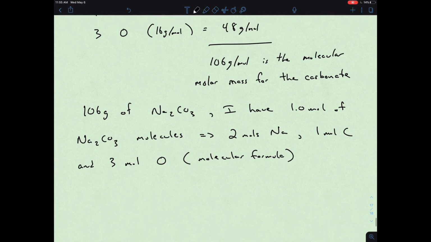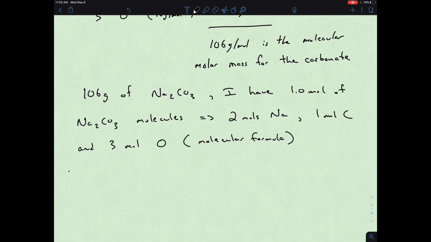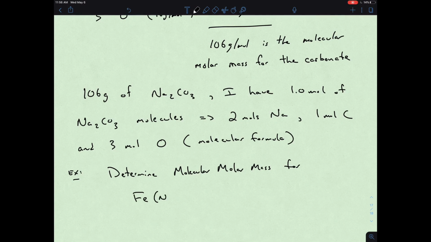Sometimes the molecules get more complex, but it's still the same process for molecular molar mass. So here we want to determine the molecular molar mass for this iron nitrate molecule.